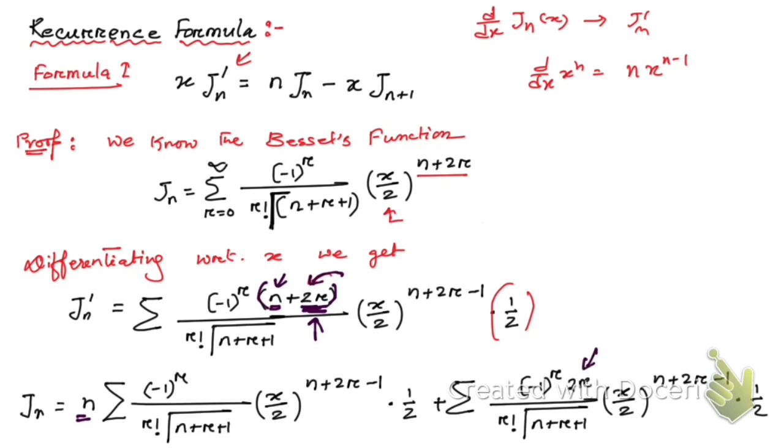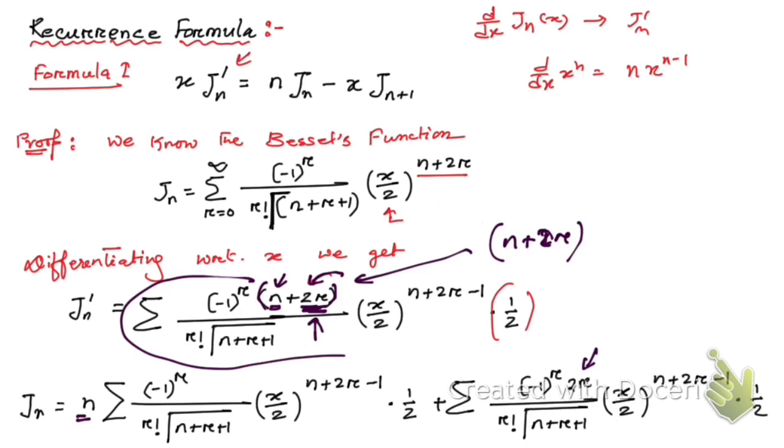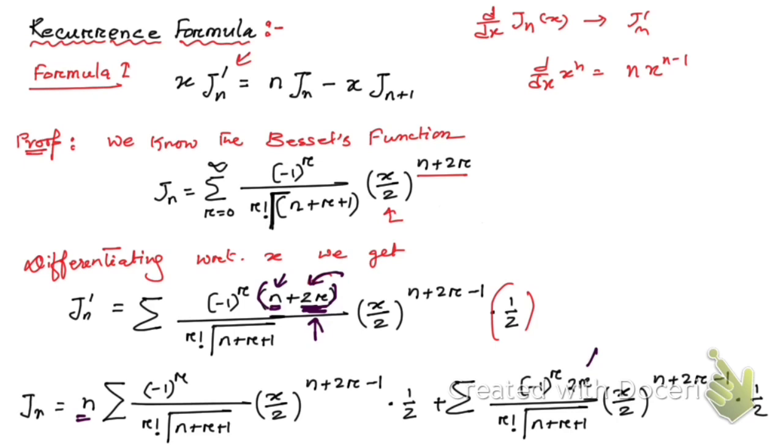So here this term is nothing but n plus 2r. Except this term, this whole term is multiplied by n and 2r if you open this bracket. So let me show you something. Just give me a second.